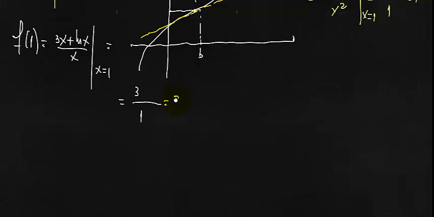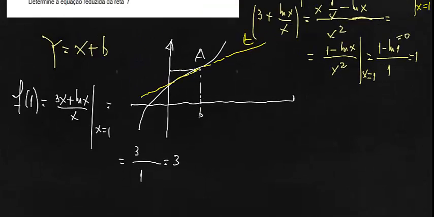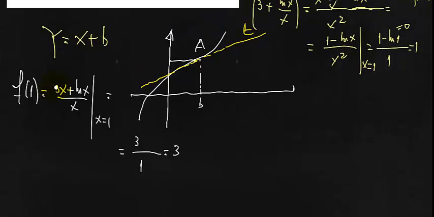So I get 3. So this means one thing very important. This means that at the point 1, the value of x is 1, and the value of y is 3.